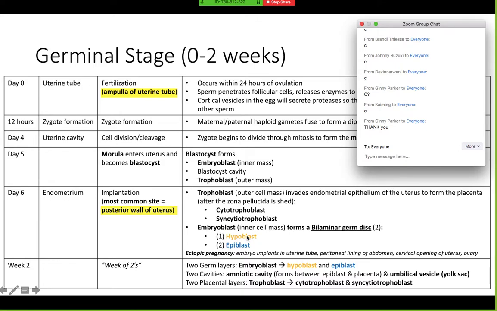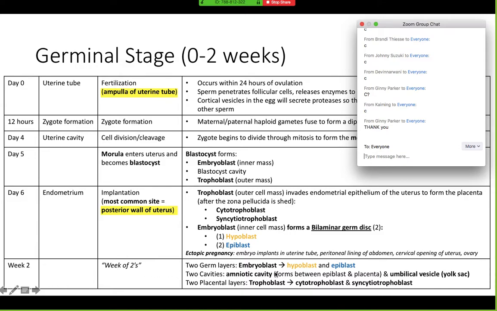The embryoblast, or the inner cell mass, is going to form a bilaminar germ disc. That is made up of a hypoblast, which is like primitive endoderm, and an epiblast, which is primitive ectoderm.